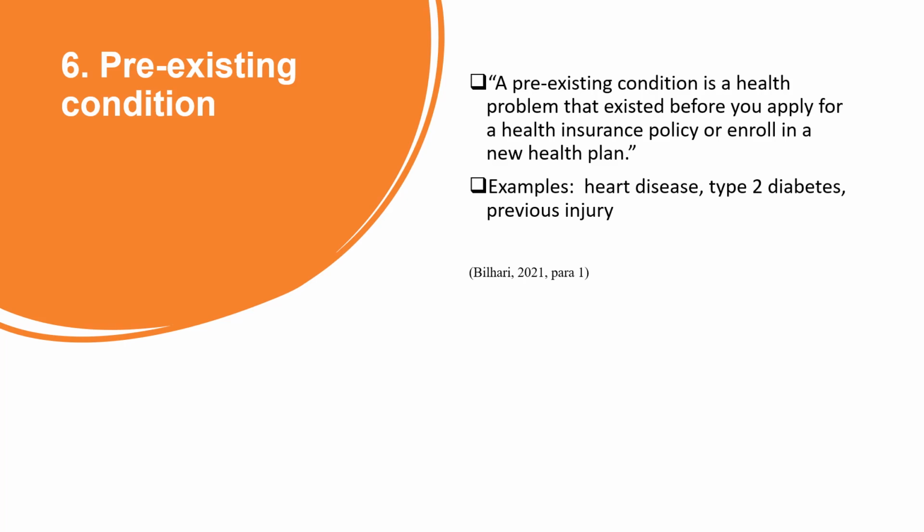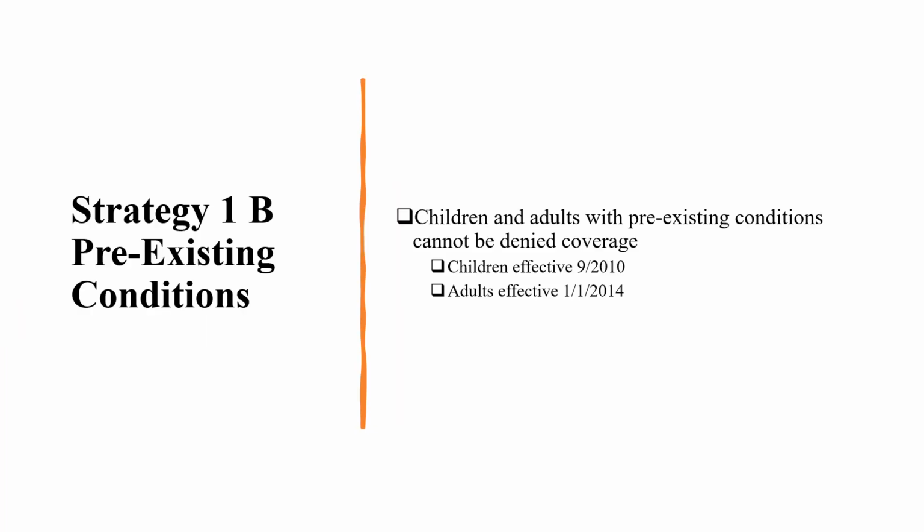So the second part of the strategy was phased in about 6 months after the passage of the bill, in September of 2010. Children with pre-existing conditions could not be denied coverage. And this was implemented for adults in January of 2014.